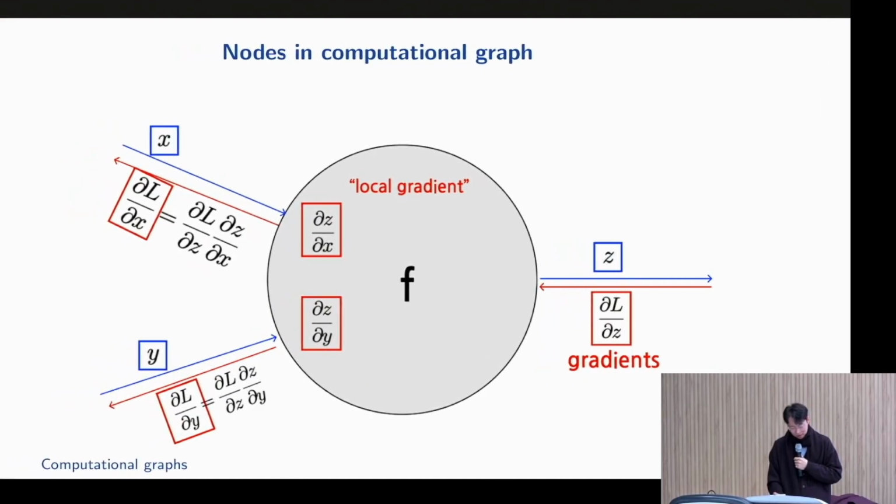Okay, so each computation node has two methods. One is how to compute the forward pass for given inputs, and in the forward process, you need to store in member variables whatever is necessary to compute and pass gradients to its predecessor. And during backprop, you're going to take as input the upstream gradient, and you're going to multiply by the local gradient, which is predefined, and pass the result to the predecessor.